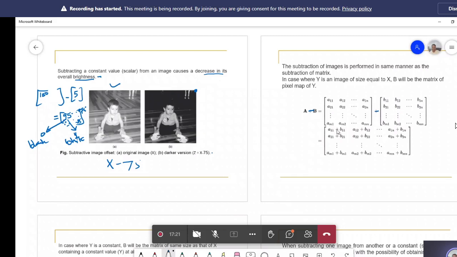This is also the similar way which I have covered. So when subtracting one image from another, or we can say a constant from an image, you must be careful with the possibility of obtaining negative pixel values as a result. There are two ways of dealing with this underflow issue.